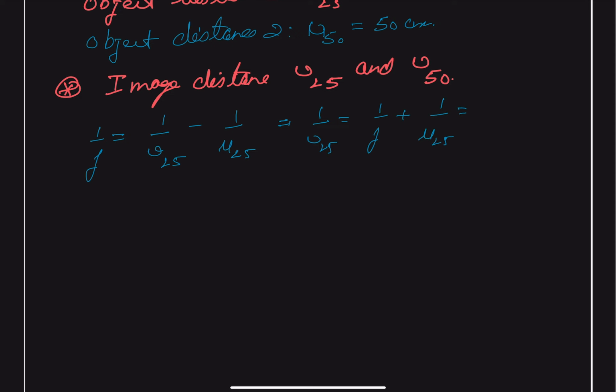Okay. And that will be 1 upon f is our 1 upon 20, and this is our plus and minus of 25. So this comes as V25 will be equal to 100 centimeters.